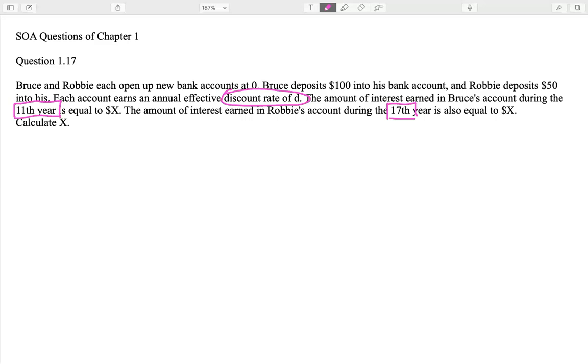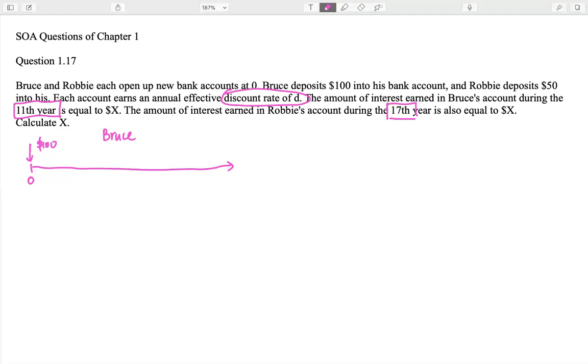So let's focus on Bruce first. You don't need to draw the timeline exactly to scale. It's rather to show you the idea. At 0, it's $100.